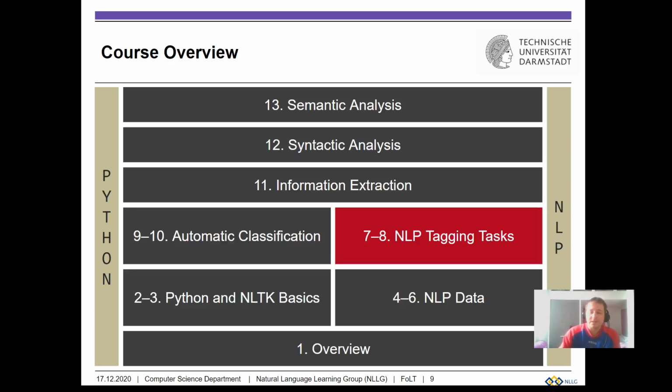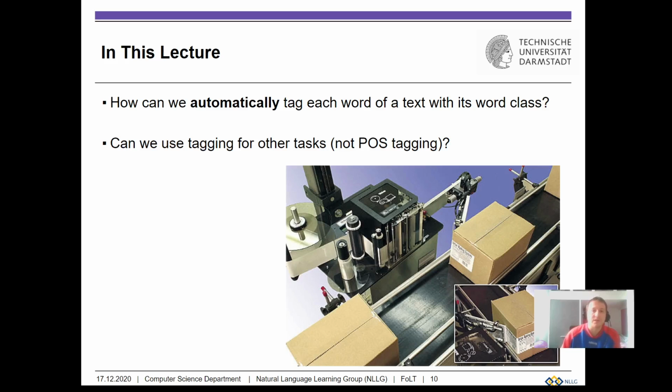Good. So as I said, this is a series of 2 lectures on the task of part of speech tagging and even more general tagging in natural language processing. So the question here is: how can we automatically tag the words of a text with their word classes?